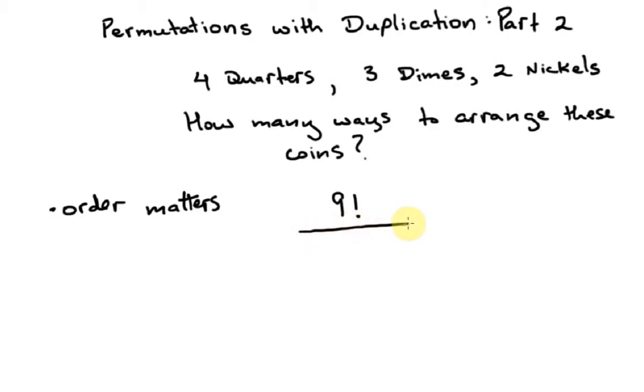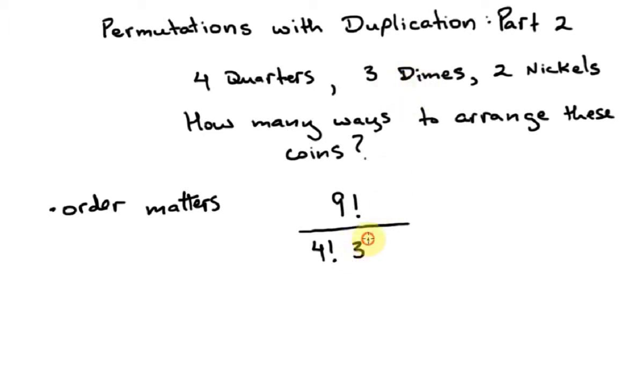So I have to account for that by dividing by how many different ways there are to rearrange. So you take the 4 quarters, there are 4 factorial ways to flip them around and rearrange them, but they still look the same, right? You flip them around and they're still in exactly the same locations. And do the same thing with the 3 dimes.